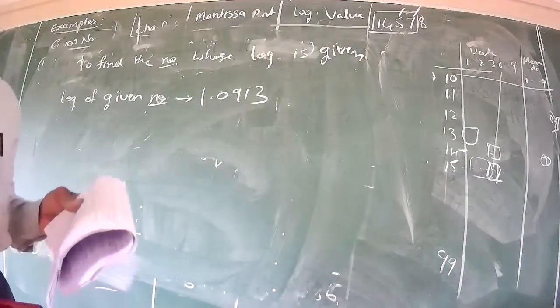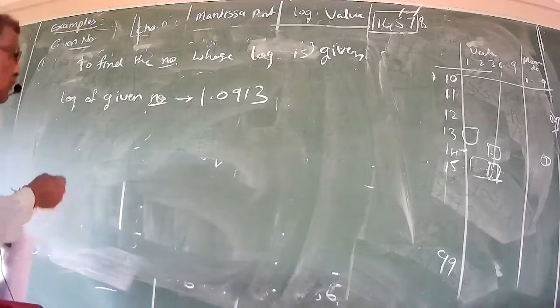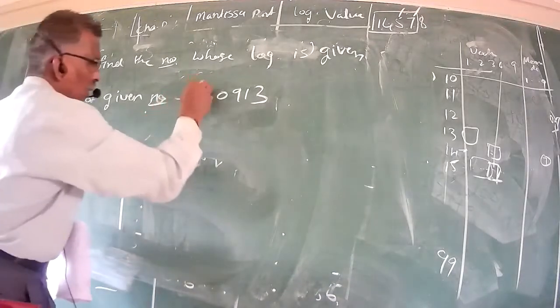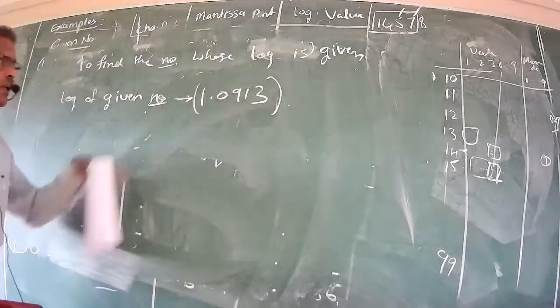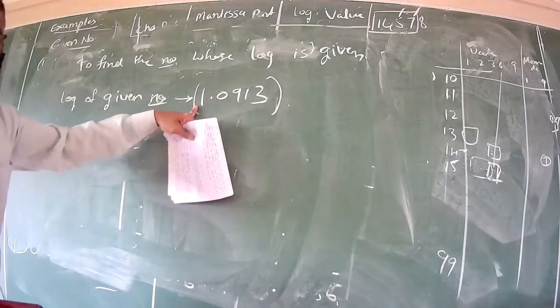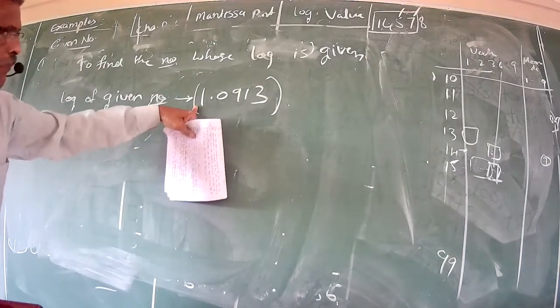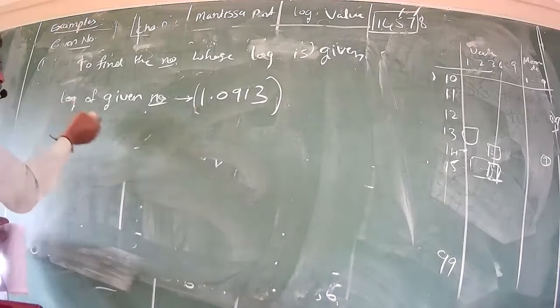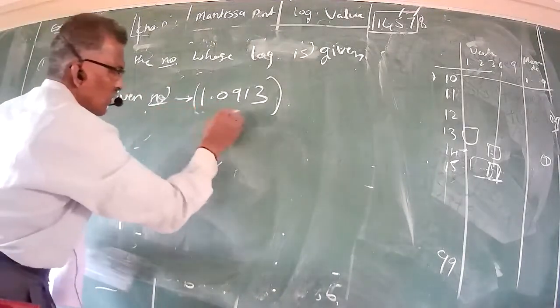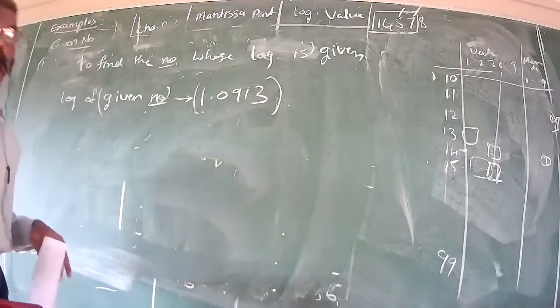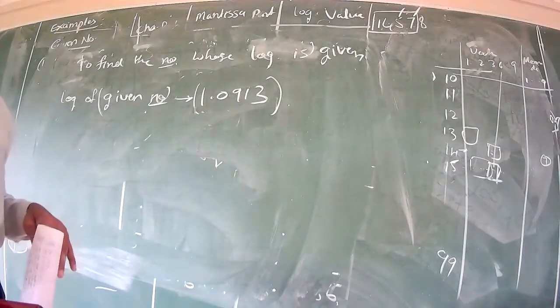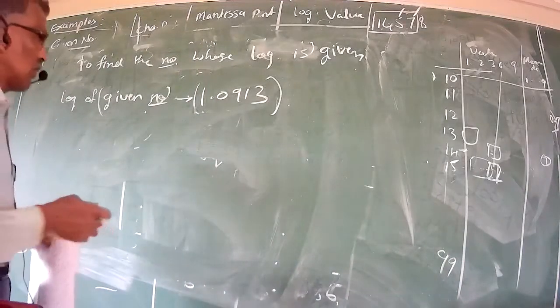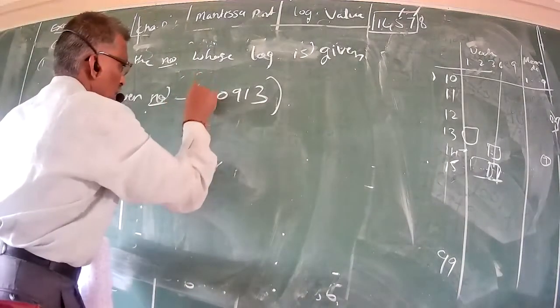To have the final answer we have to refer to the table. This is the logarithm value for the given number. This is not the original value, this is the converted value. Remember that. This is the logarithm value, not the final answer. To have the final answer, refer to the anti-logarithm table.